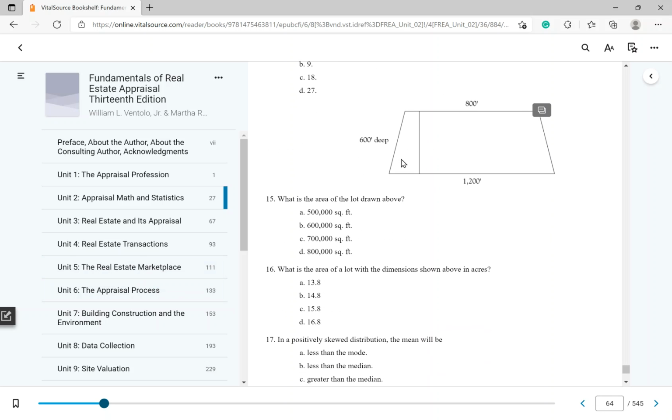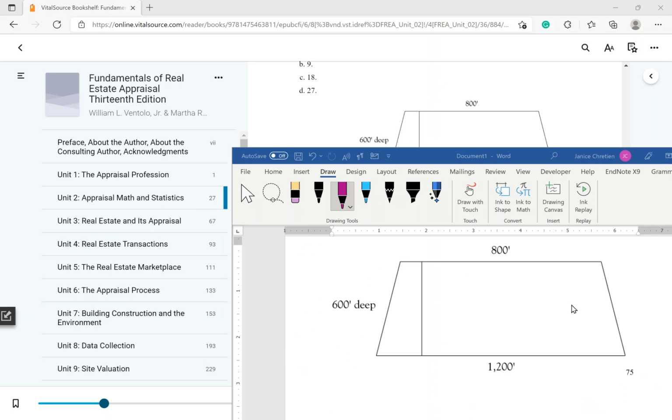Again, that looks like a triangle. I would say that's a triangle. So let's take a look at that one. I copied the picture over here so I can write on it for you. So we've done this already.